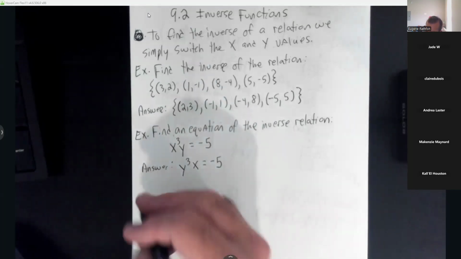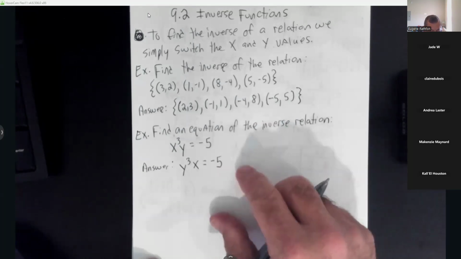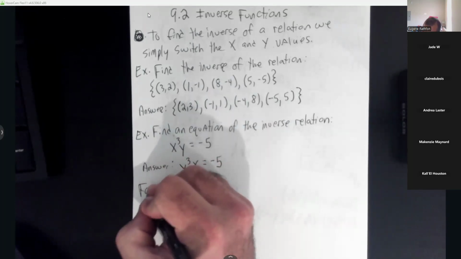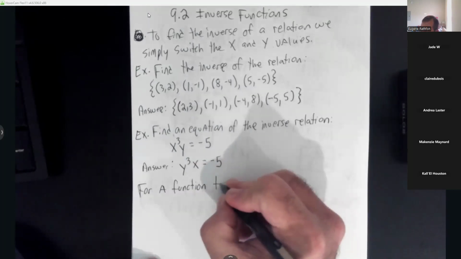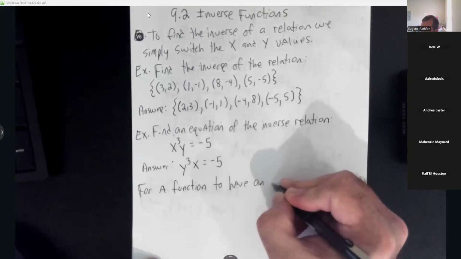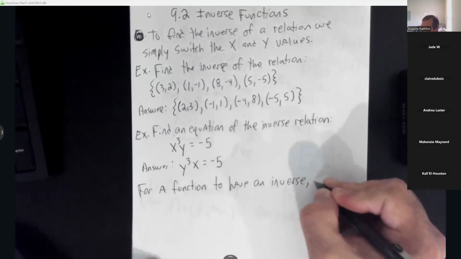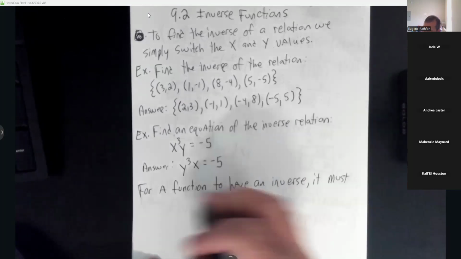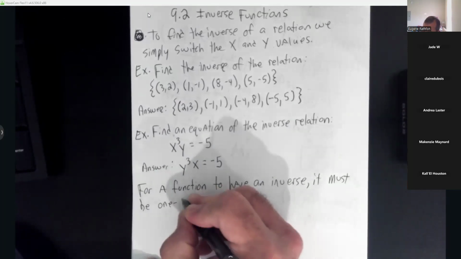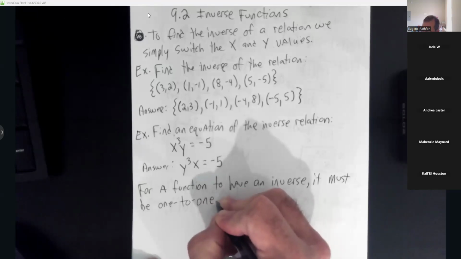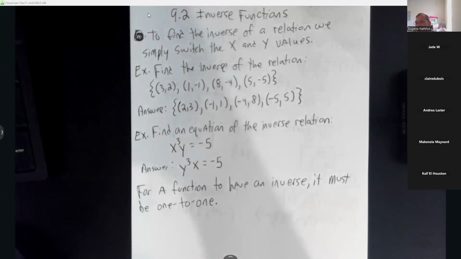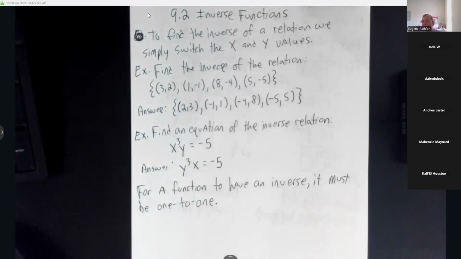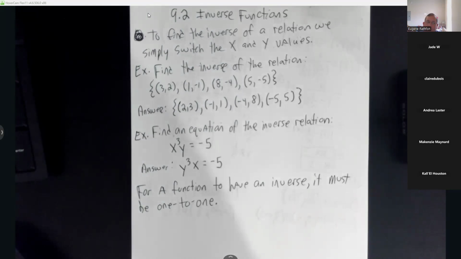All right, so check this out. We're going to start talking about functions, okay? So for a function to have an inverse, it must be one-to-one. So if you remember this, when we were looking at functions, every x could have one and only one y value.